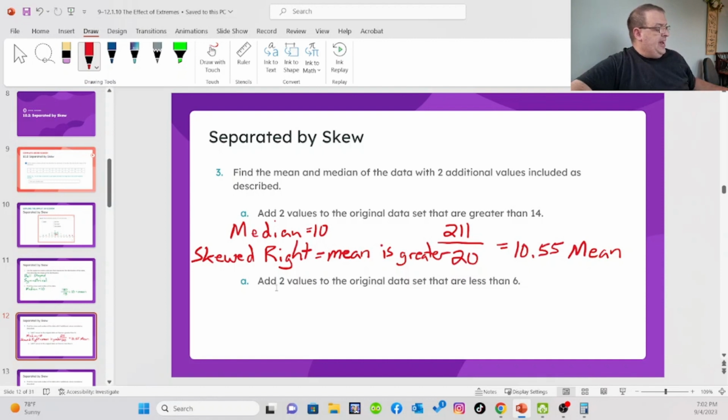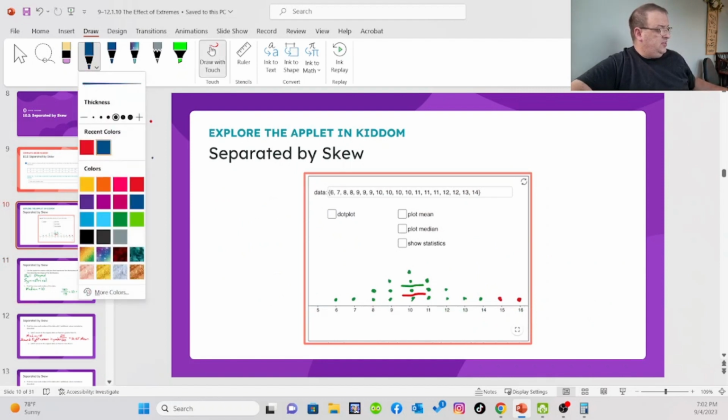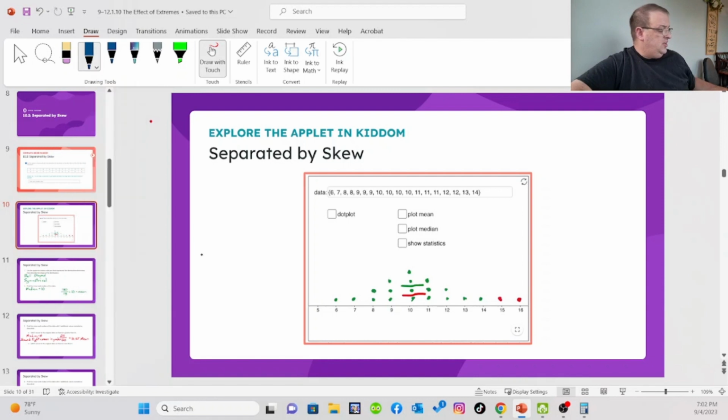Next, they want us to add two values to the original data set that are less than 6. So now we'll do this in blue, and we'll say we do 5, and we'll put one down here at 4. And we're not going to count the red dots anymore. We're adding these lower values to the original data set.